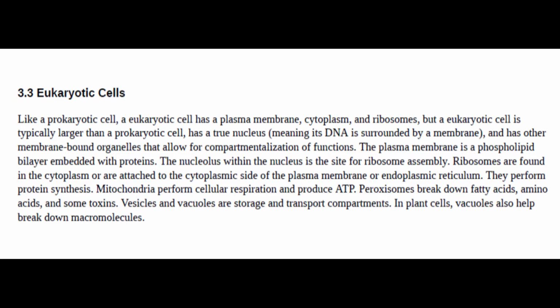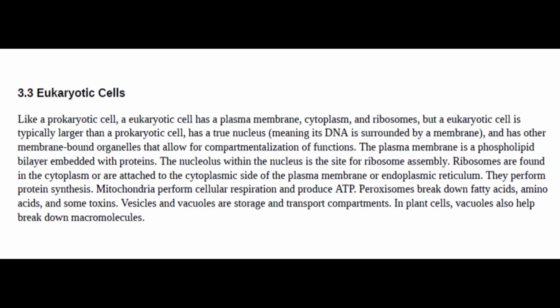The plasma membrane is a phospholipid bilayer embedded with proteins. The nucleolus within the nucleus is a site for ribosome assembly. Ribosomes are found in the cytoplasm or are attached to the cytoplasmic side of the plasma membrane or endoplasmic reticulum. They perform protein synthesis. Mitochondria perform cellular respiration and produce ATP.